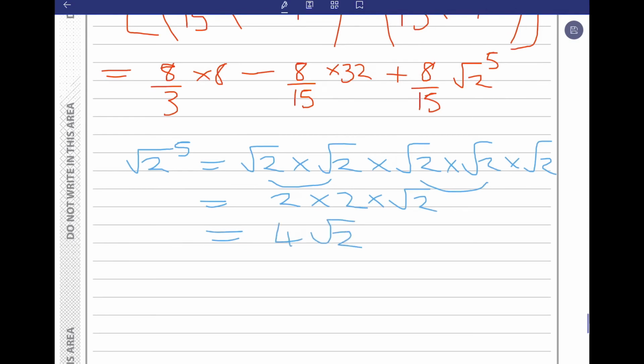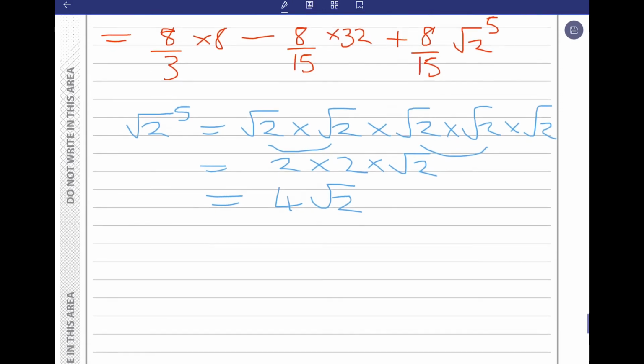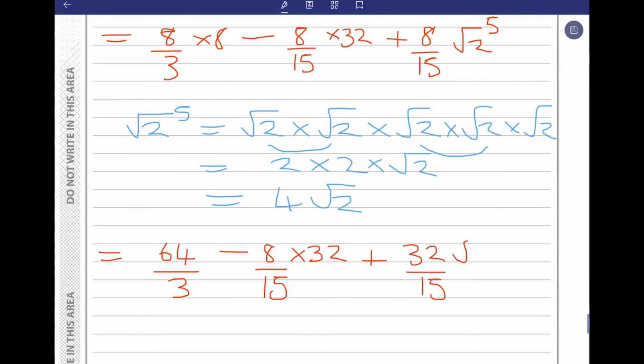And this should help us to simplify a little bit. So going back to the above, we now have 64 over 3 minus 8 over 15 times 32 plus, and using what we've just got, 32 over 15 times root 2.